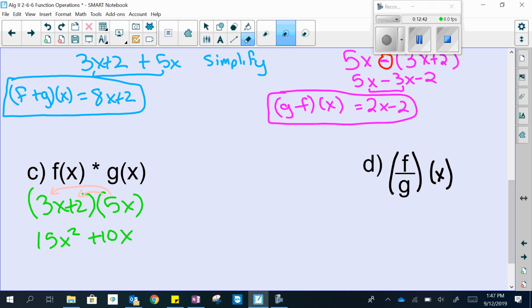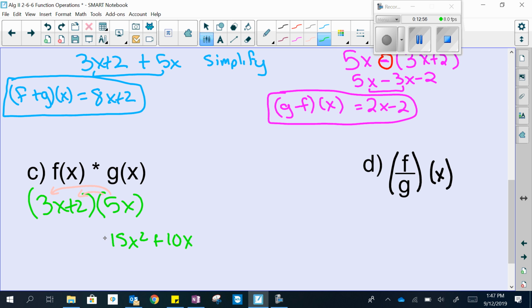I'm going to move this over because these two things are being multiplied. So 3x times 5x is 15x squared, and 2 times 5x is 10x. So we have f times g of x equals 15x squared plus 10x.